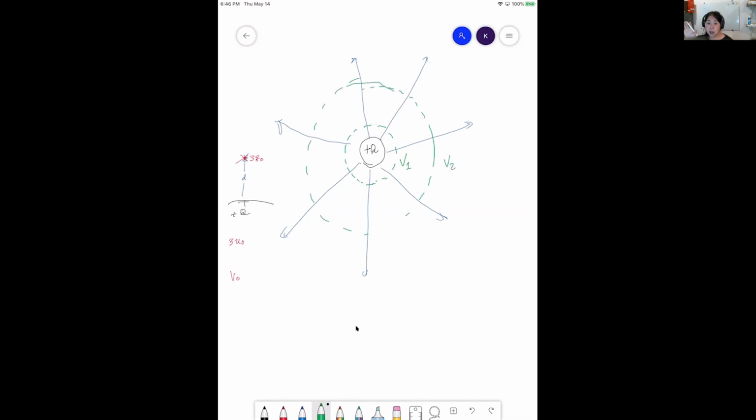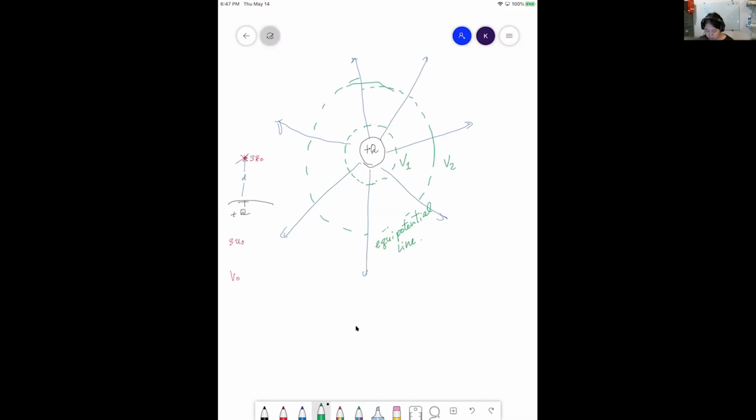So if you draw a line that's the same distance from the charge, they're going to have the same potential, same voltage. And you say that V1 is going to be higher than V2. And this dashed line is called an equipotential line. So along the dashed line, the voltage is constant. Voltage doesn't change along this dashed line. Same voltage all around it.